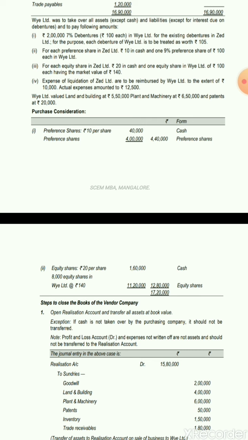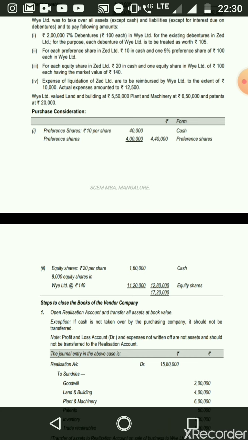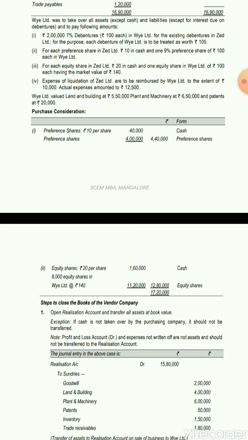Actually the actual amount of liquidation expenses is 12,500, but out of 12,500, 10,000 is reimbursed by transferee company. Here the meaning is this, that is initially this 12,500 of liquidation expenses is being paid by transferor company, but transferee company is reimbursing 10,000.